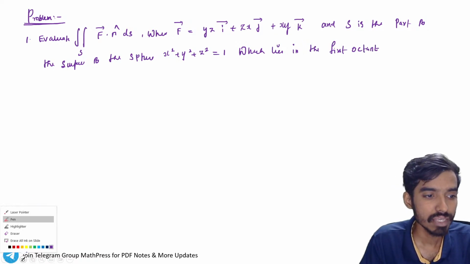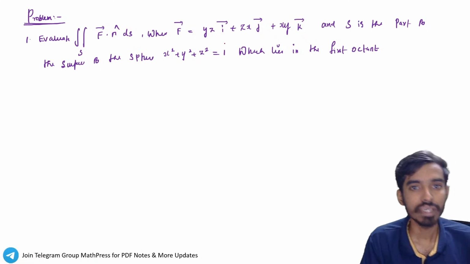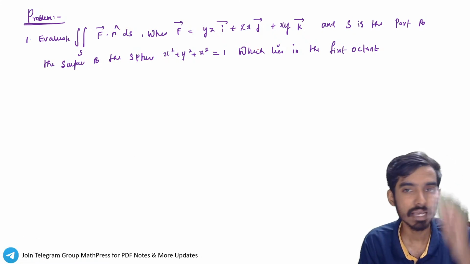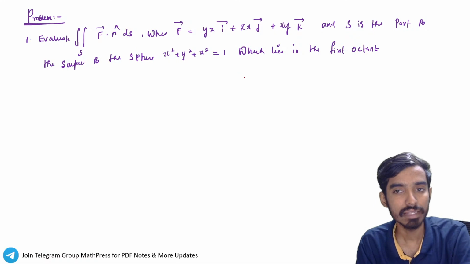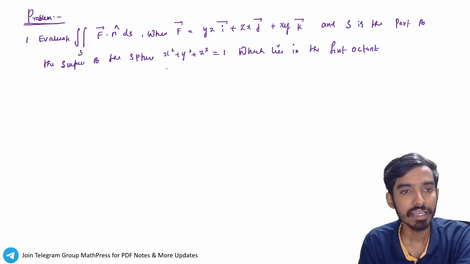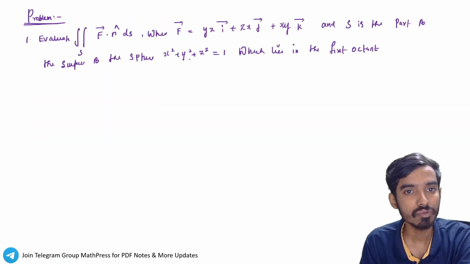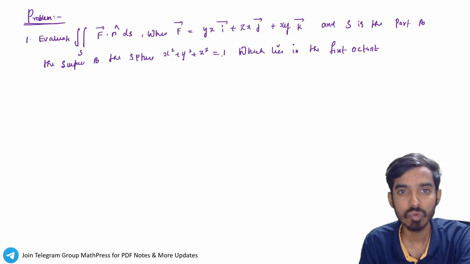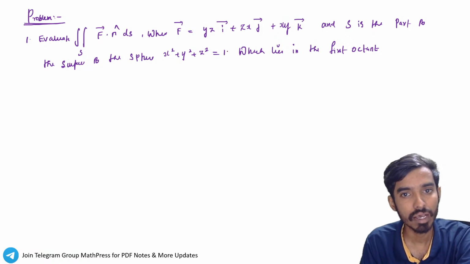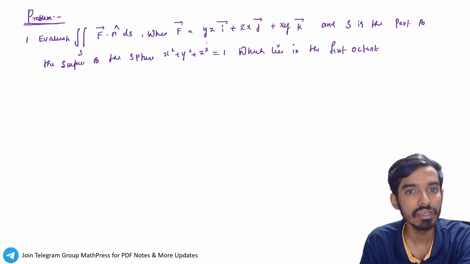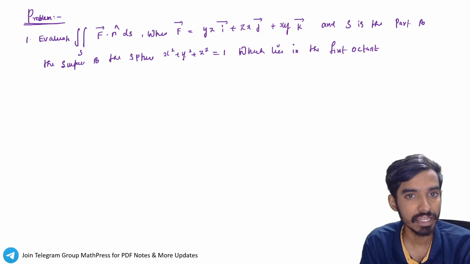So we have f. So f is yz i vector plus zx j vector plus xy k vector. And what is the surface here? The surface here is the sphere x square plus y square plus z square is equal to 1. A sphere of radius 1. Because if it is r square, it means it is the equation of a sphere with the center 0, 0, 0.